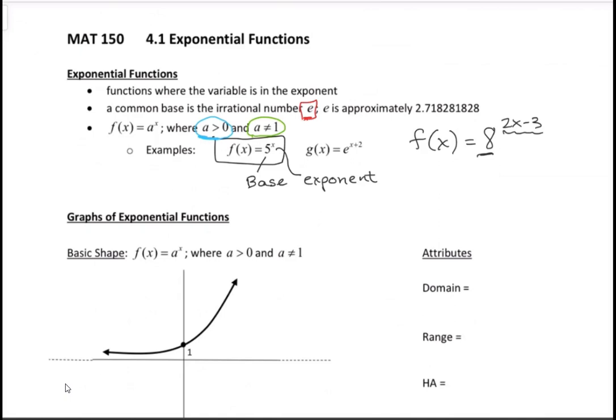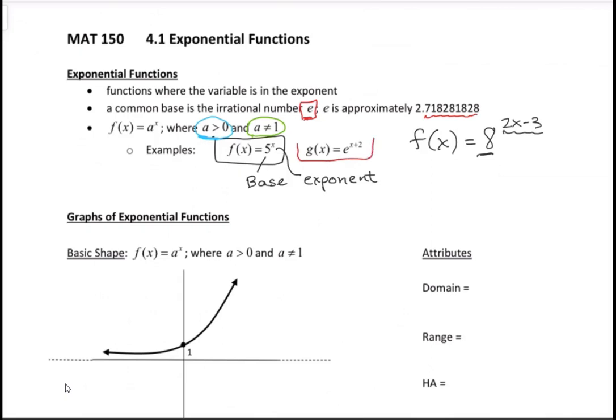It's a decimal that continues to go on forever and ever, similar to pi. You know, we recognize pi as being 3.14, but we know that decimal goes on forever. So e is associated with 2.7, but that decimal goes on forever. So e is just a base that shows up a lot. It doesn't get treated any differently than if my base was 5 or my base was 8.